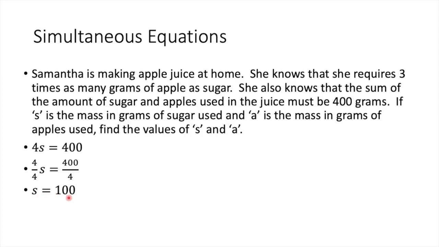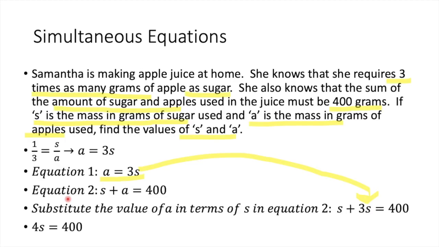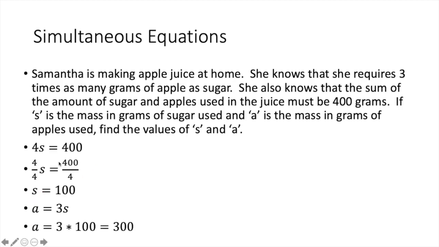So now we know the value of S, and we need to find the value of A. If you remember, we had previously established A to be 3 times S. And therefore, since we know the value of S, we can substitute the value of S into this equation.